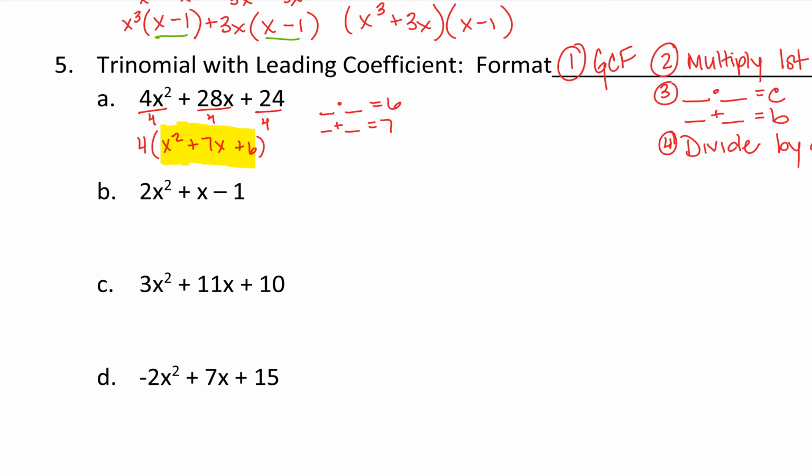Well, we already did that. We know that it's 6 and 1. Make sure that number that was in the front, you're going to reuse it, bring it down. You can use that 6 and 1 so that you get x plus 6 in one factor and x plus 1 in the other factor. And this is now your final answer.